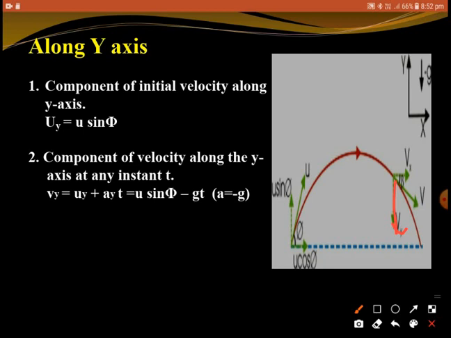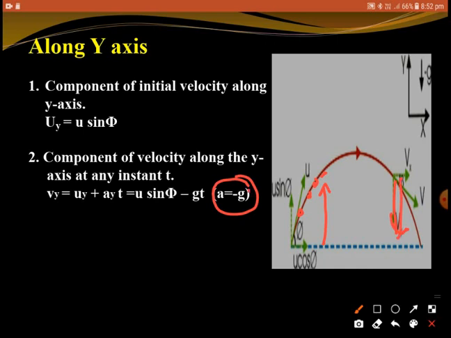As the body is moving upward against gravity, we need to take acceleration as minus g. But if it is falling downward, then we take it as plus g.